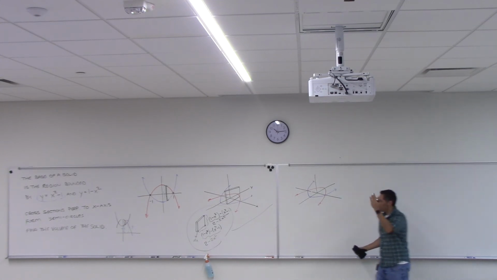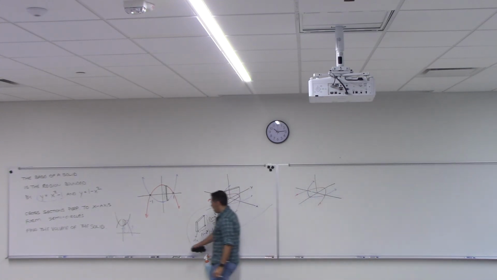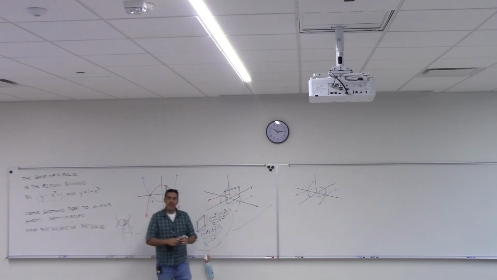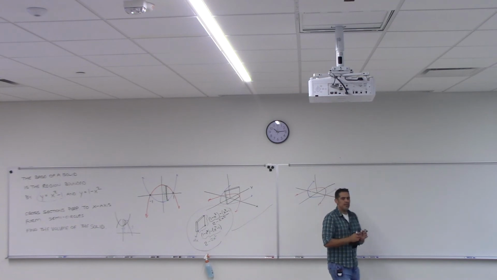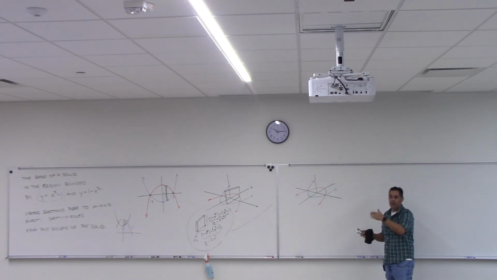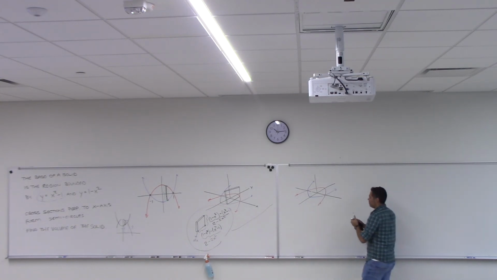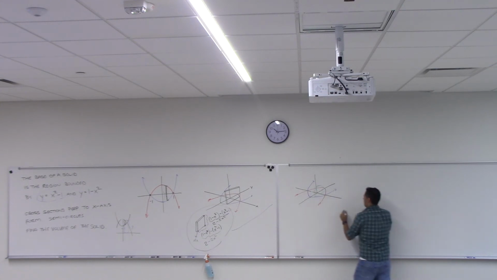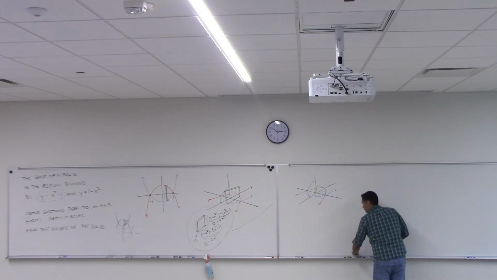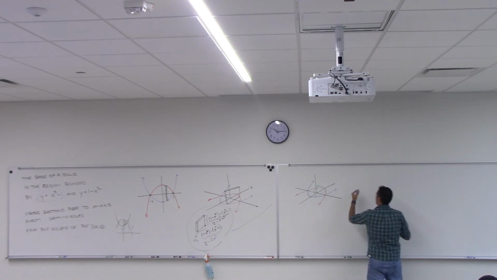So now when I do these slices, I'm not getting squares, I'm getting semicircles. And the assumption here is that the semicircle has as its diameter the base. So it's going to look like, take a little slice here, imagine a little semicircle like that. Has a little bit of a thickness to it, right? So it's this shape right here.